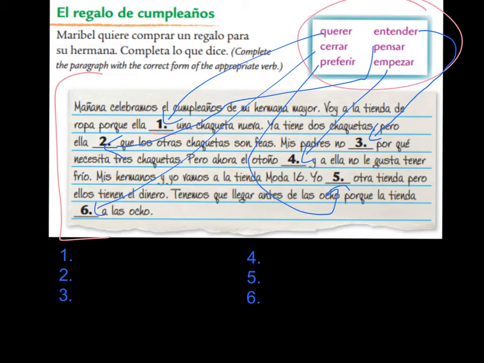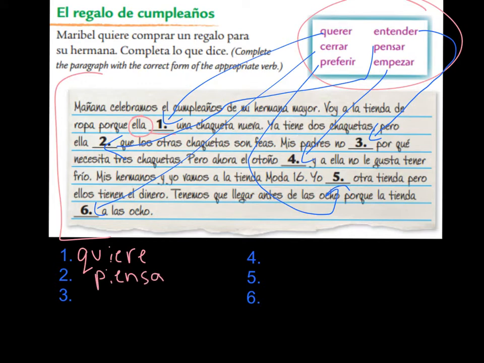It says, mañana celebramos el cumpleaños de mi hermana mayor. Voy a la tienda de ropa porque ella, you may not understand all of it, but you know it's ella, and then querer, which would be quiere. Ella quiere. Number 2 would be pensar, so ella piensa.